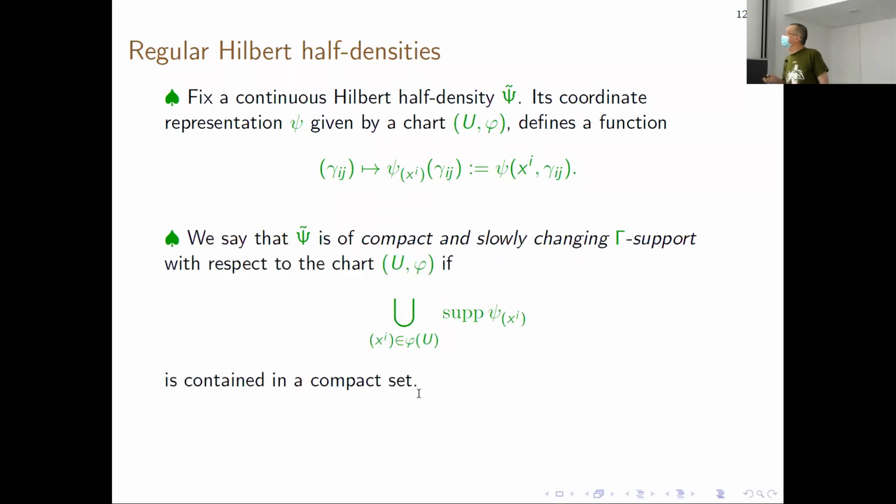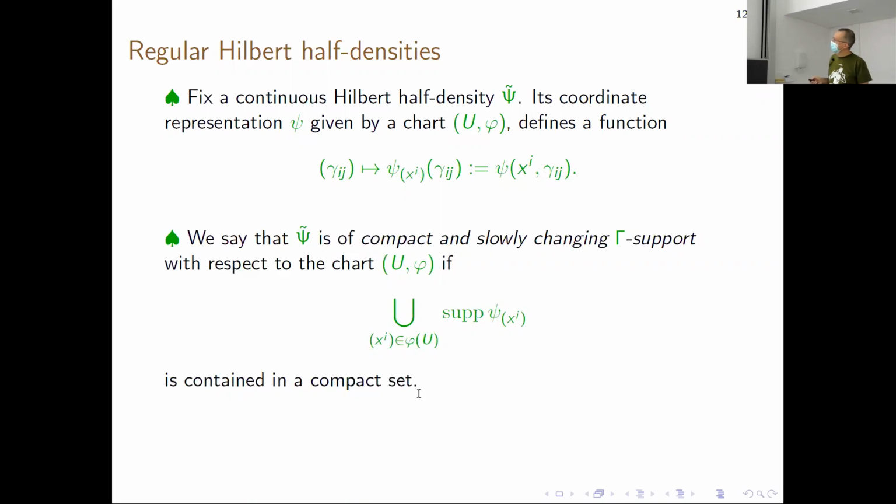So now I will say that this Hilbert half density is of compact and slowly changing gamma support with respect to this chart if the following union is contained in a compact set.